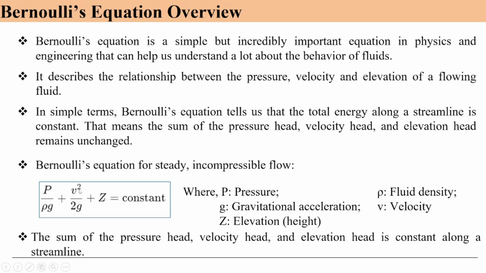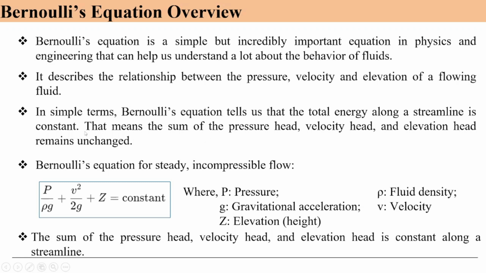Where P is pressure, g stands for gravitational acceleration, Z stands for elevation, that is height from the earth surface, rho is the fluid density, and V is the velocity of the flowing fluid. Acceleration due to gravity, 9.81 meter per second square, we generally consider. So ultimately Bernoulli's equation tells us the total energy along the streamline is constant.